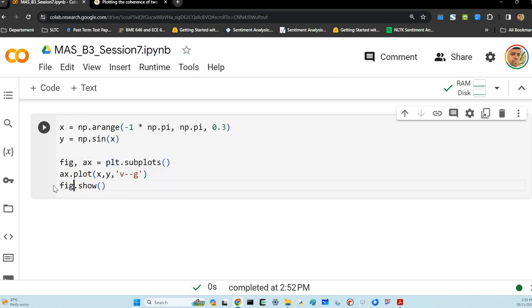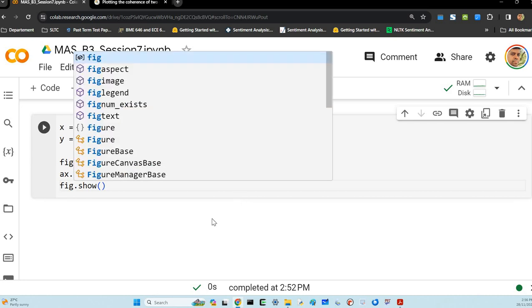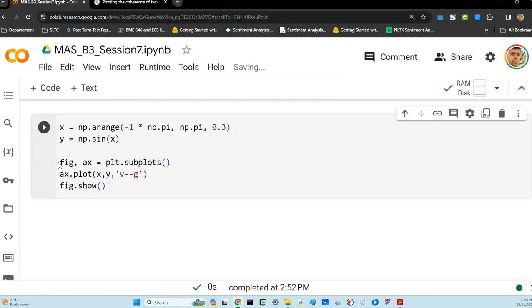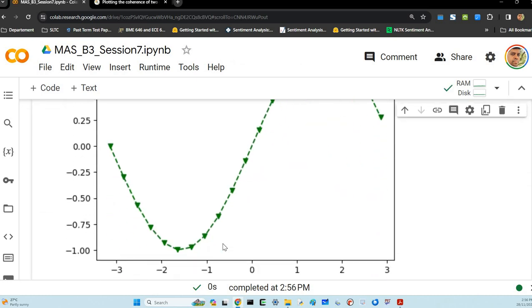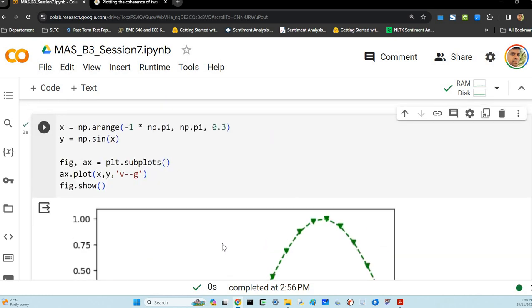I will put figure.show. Nothing much changes, but this is an additional line we put for more advanced plots, which I will explain. But when you get the outcome, more or less you will get the same graph.